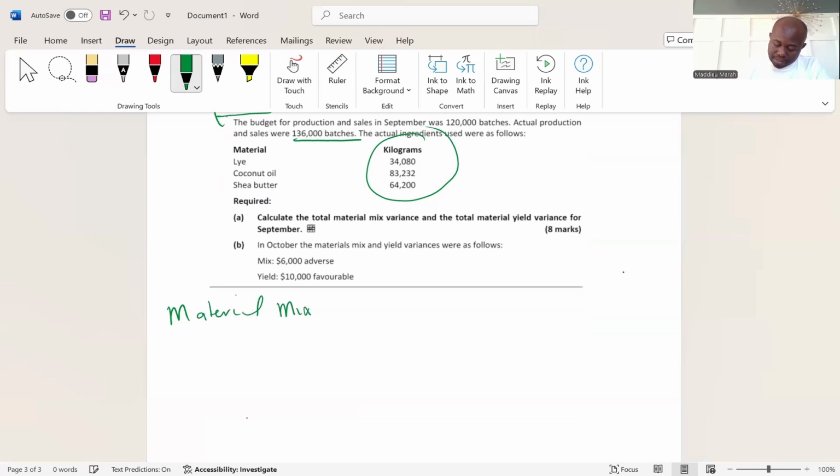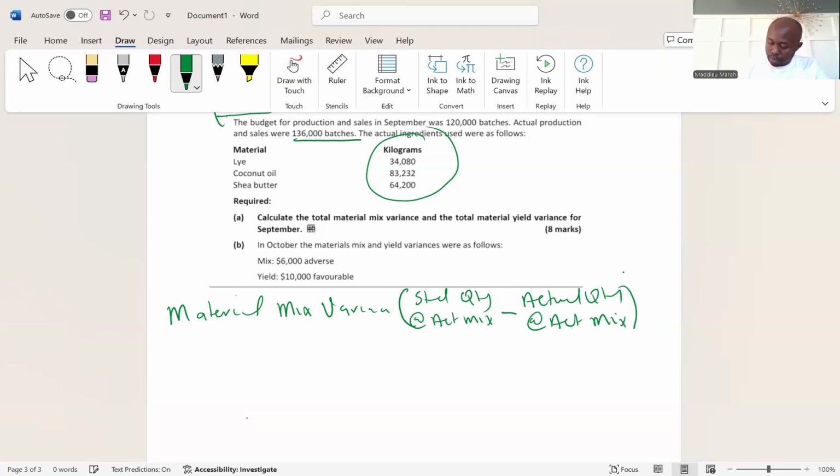Using the formula, so let's take the formula. Material mix variance: my formula, I said, is standard quantity at actual mix minus actual quantity at actual mix, multiplied by standard price.